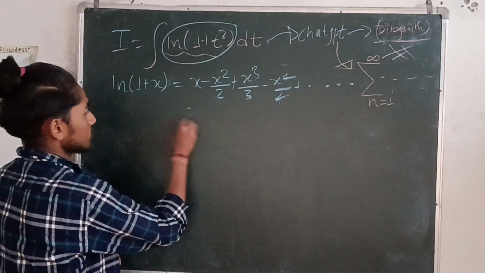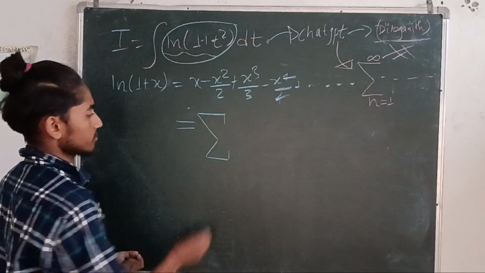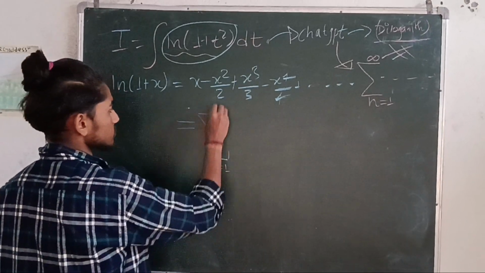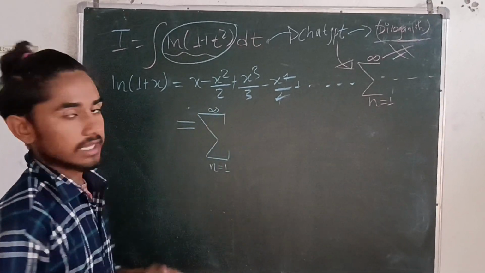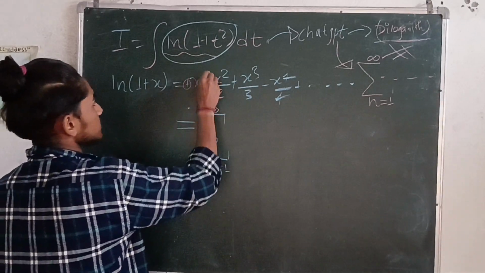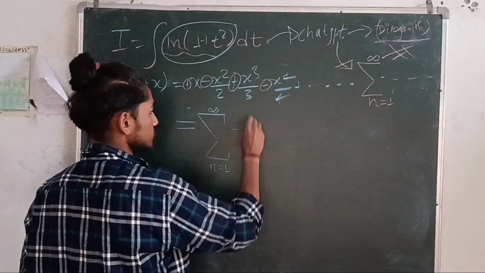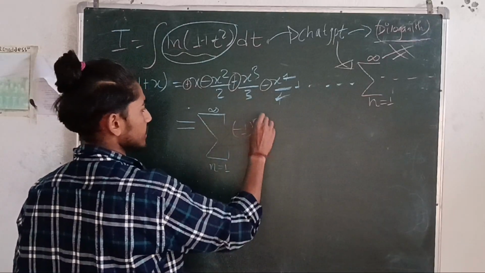We can write it in summation form, from n equals 1 to infinity. Since you can see alternating positive and negative signs, to account for that I'm going to use negative 1 raised to the power n plus 1.